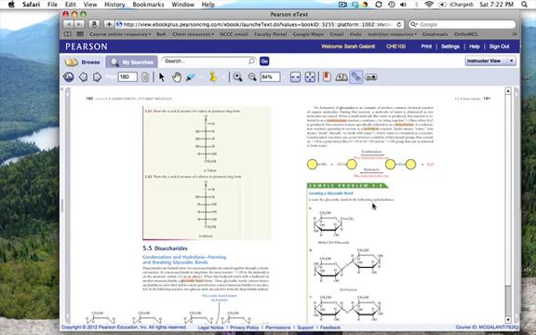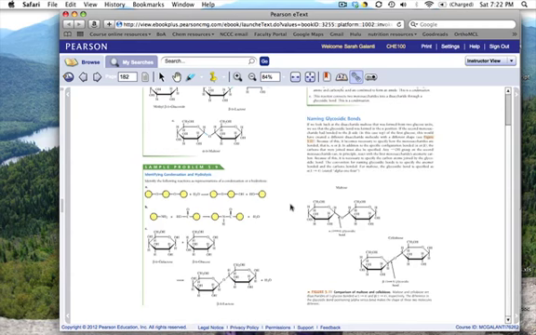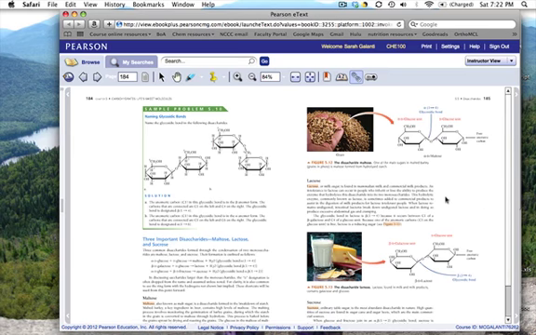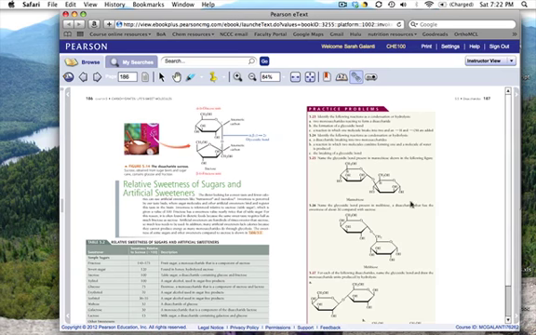Essentially, understand the definition of a condensation and a hydrolysis reaction, and understand how to identify them. There's a good sample problem here that was in the lecture, and maybe at the end of the chapter there's some more. Nope, here we go. Here are some practice problems that have you practice condensation and hydrolysis reactions. So those are very good practice.